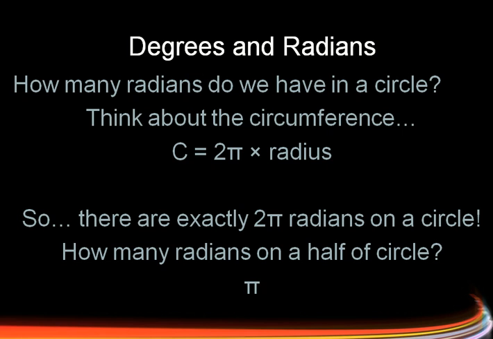So there's exactly 2 pi radians on a circle, or 6.28. How many radians are on half a circle? Well, obviously, we would just take half of that value and we would end up with pi. So that means that the radius that we were talking about, each of those forms 1 rad.